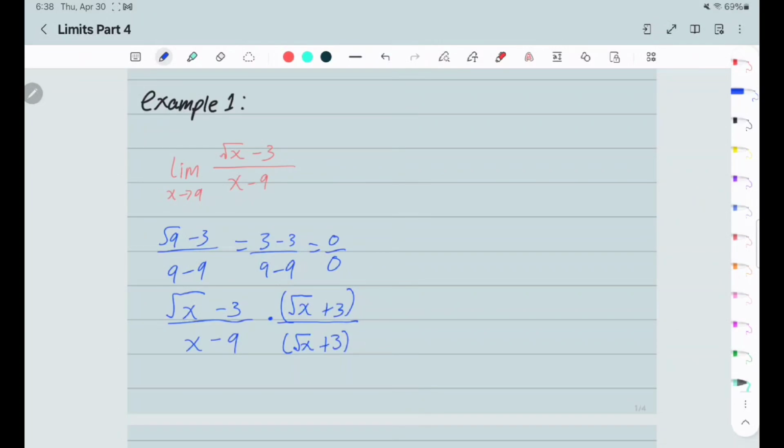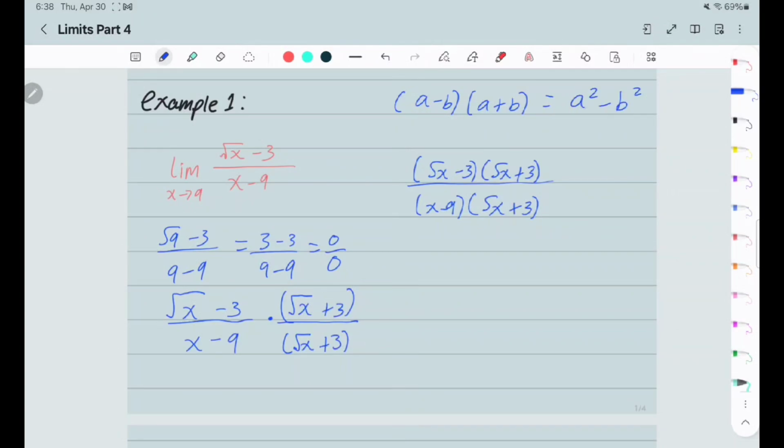Then if I multiply this, I get root x minus 3 multiplied by root x plus 3 on top, and on the bottom I get x minus 9 multiplied by root x plus 3. It might seem a complicated expression, but trust me, it gets simplified in just the next step. Because then we see something like a minus b multiplied by a plus b, and remember from the previous video, this is an identity which turns out to be a squared minus b squared.